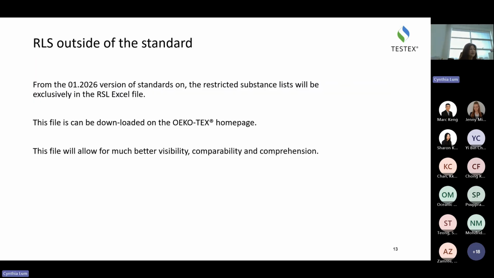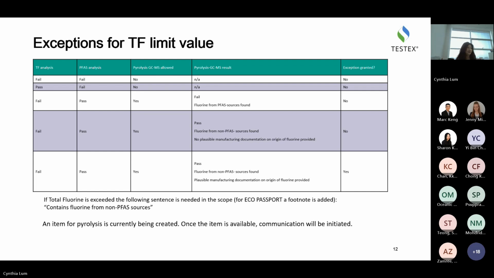So the exceptions for total fluorine limit value. In this table, you can see the different scenarios in case total fluorine test fails. So total fluorine and PFAS are always tested together on a sample, and should a test fail, the customer has the option to follow the pyrolysis of the GCMS, which you see here.